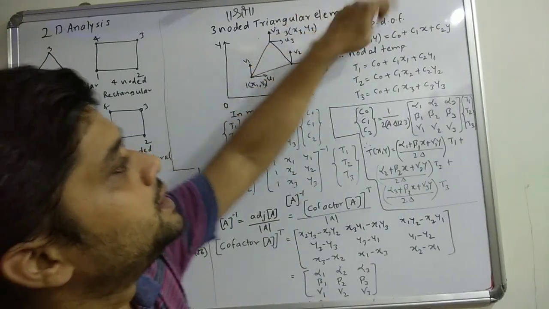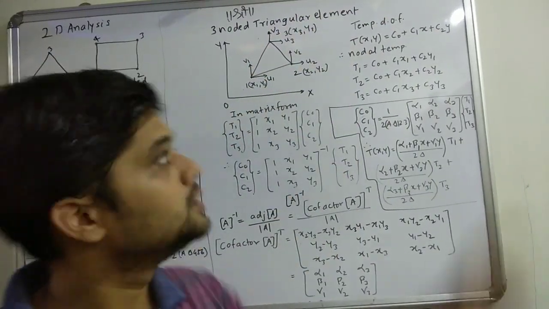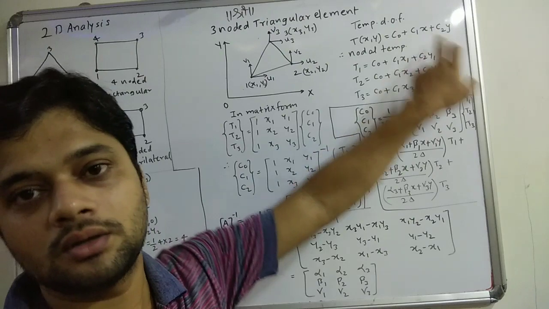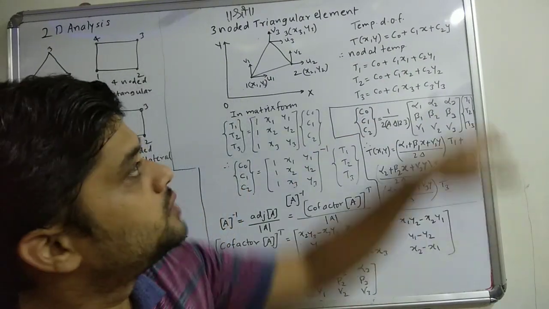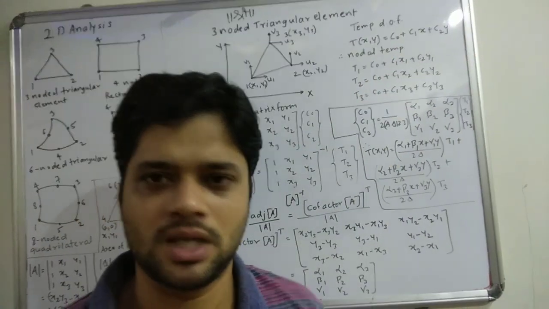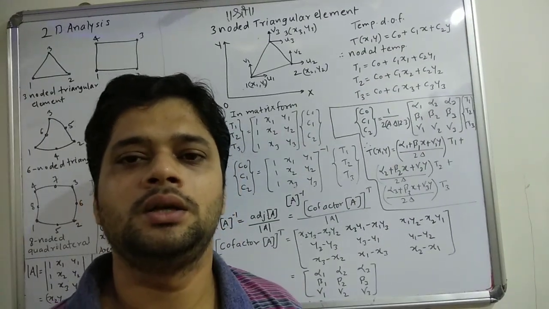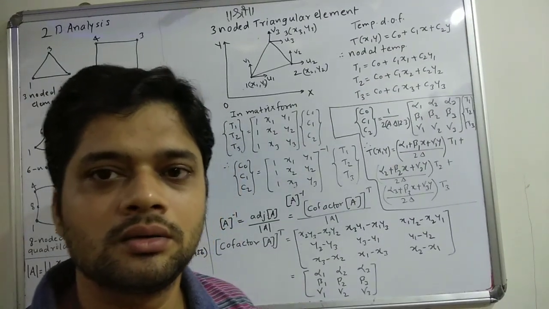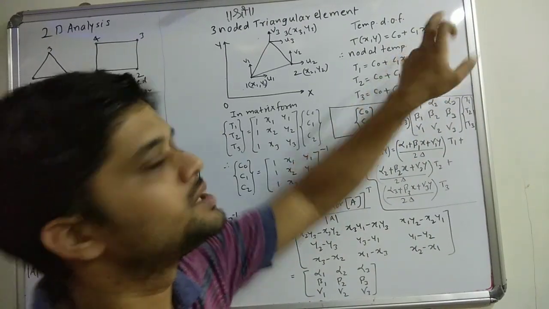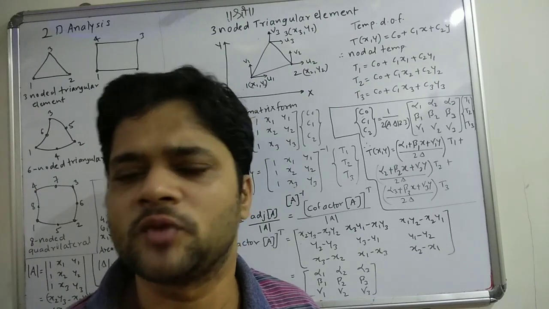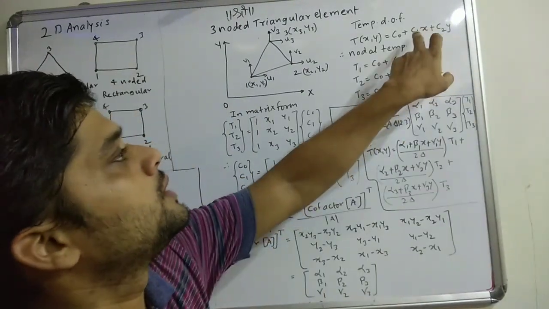In a linear approximate function, if we had written it for a one-dimensional field, we would have only written c0 plus c1x. Remember how we used to write one-dimensional approximate functions? If it is linear, then it is c0 plus c1x, which is only the equation of a line.